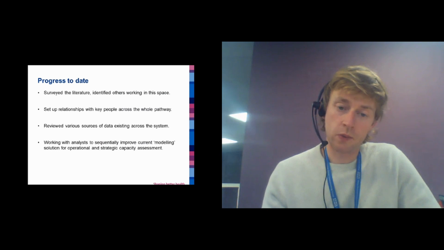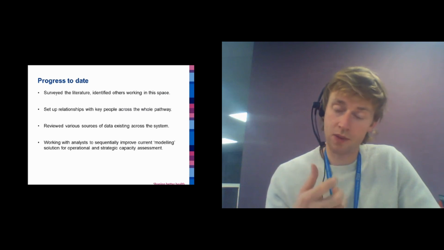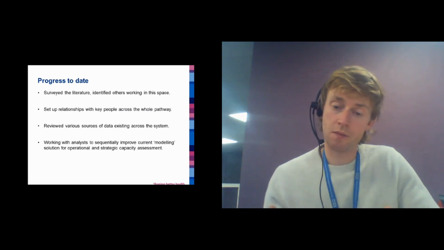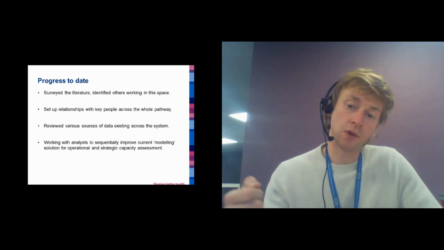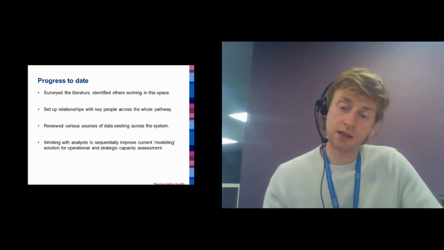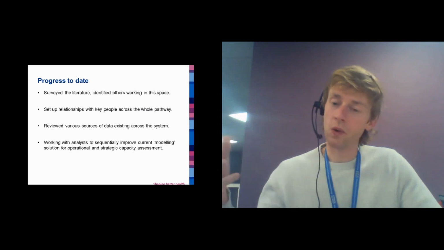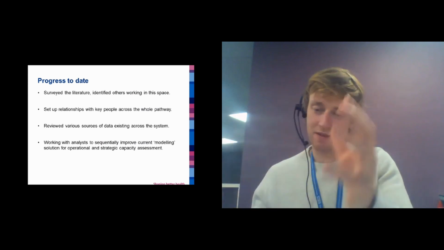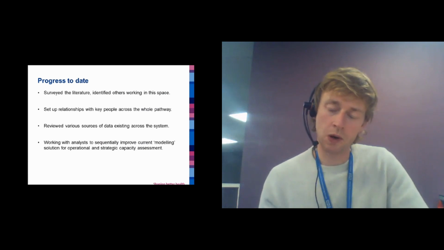In recent weeks, we've been working very closely with analysts within the system to understand their model, their current approaches, their current methods, and basically to use those as a foundation to sequentially improve and increment in stepping up the sophistication of the model, rather than attempting to go in all at once with a very different, sophisticated approach, which may not be well received.